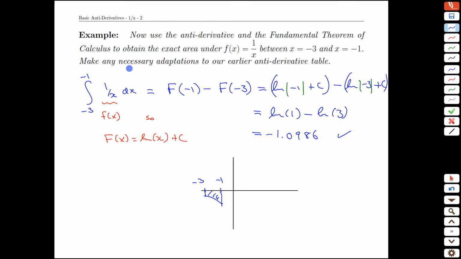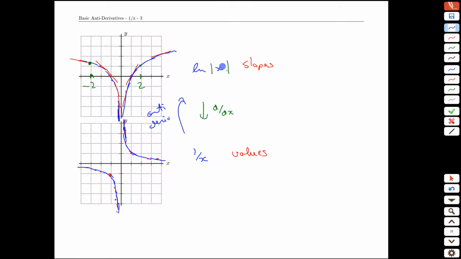So it is worth making the adaptation to our earlier antiderivative table. In that table, please do correct your ln of x, and include this new ln of the absolute value of x as an antiderivative for 1 over x.